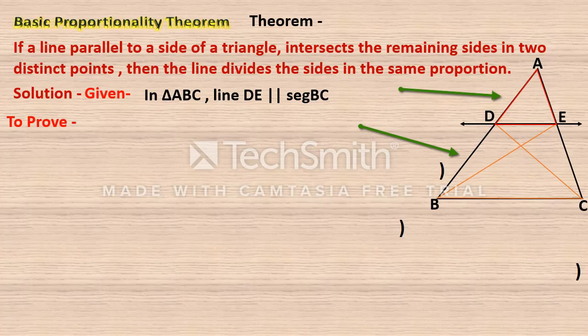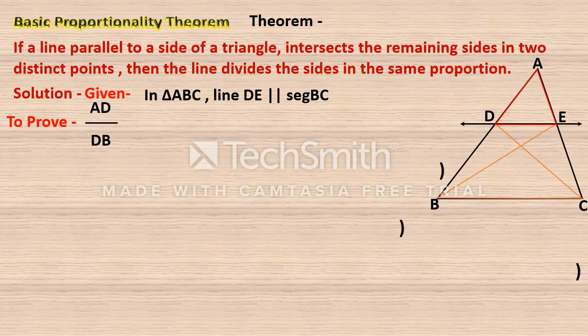Same proportion means their division. We consider here first part AD divided by second part DB. Proportion of those two parts means we consider division.